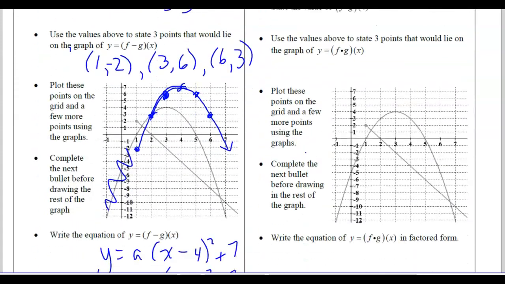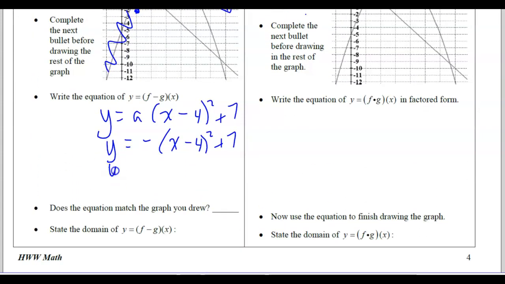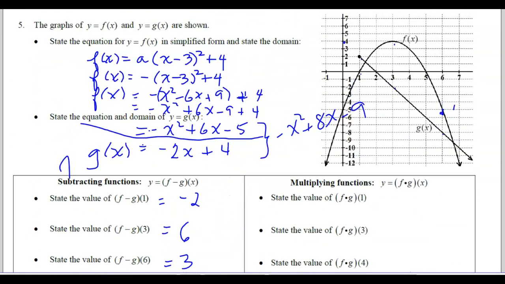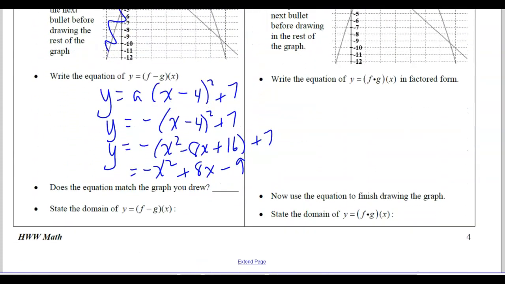Okay, let's see if we expand this out. We get negative x squared plus 8x minus 16 plus 7 is minus 9. And that's the same. Okay, so yes.